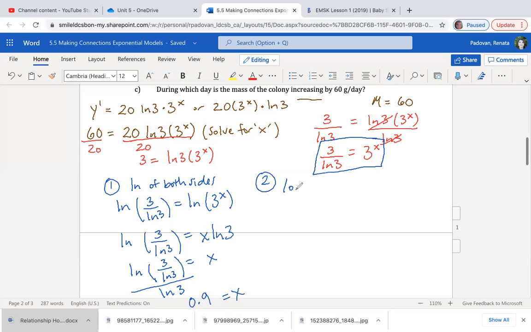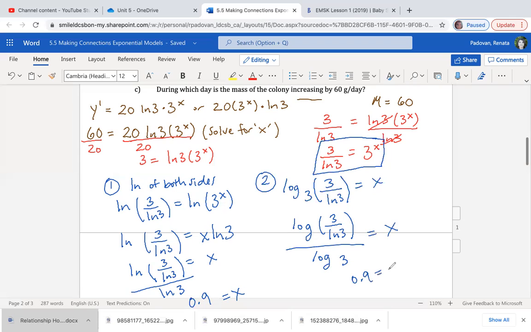So I have log base 3 of 3 over ln of 3 equaling x. And since it's base 3, I can write that as the log of 3 over ln of 3, divided by the log of 3, equaling x. If you plug this into your calculator, you should get an answer of 0.9.